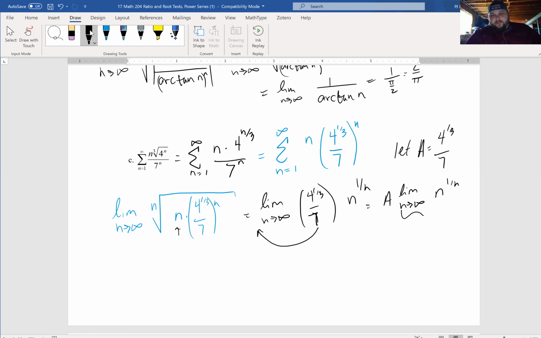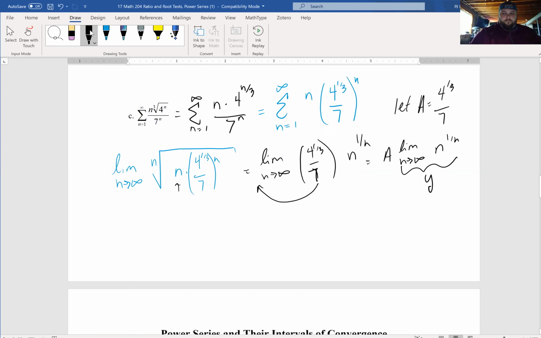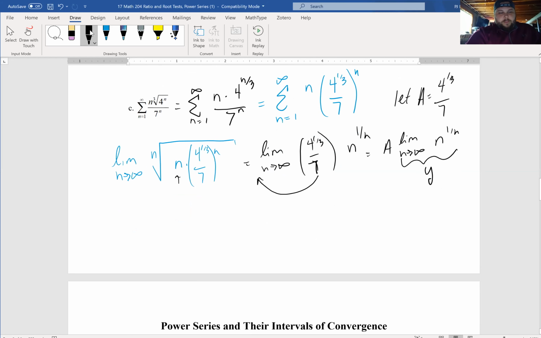I am now going to call this piece y. So then I'm going to take the natural log of y and set that equal to the limit as n approaches infinity of the natural log of n to the 1 over n.